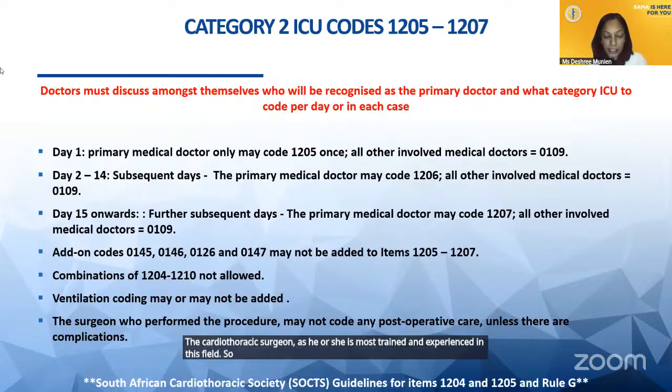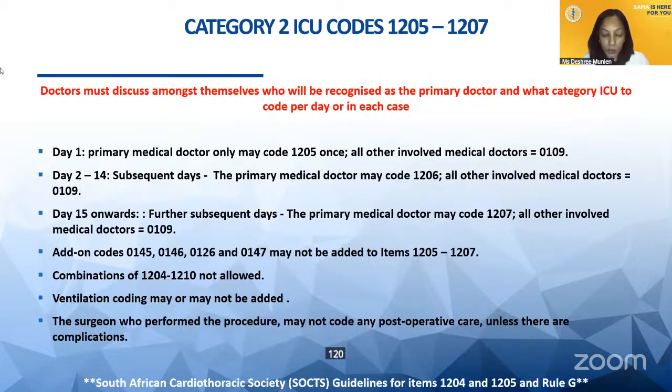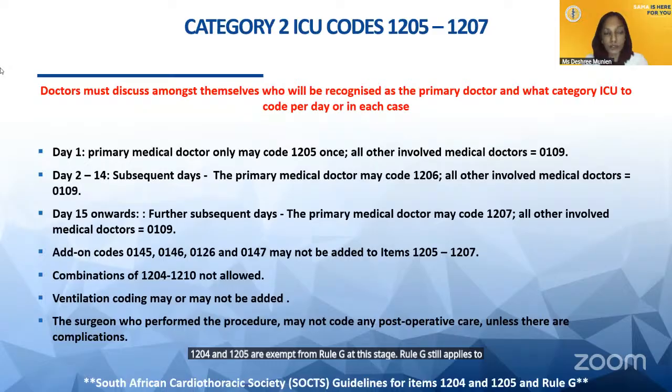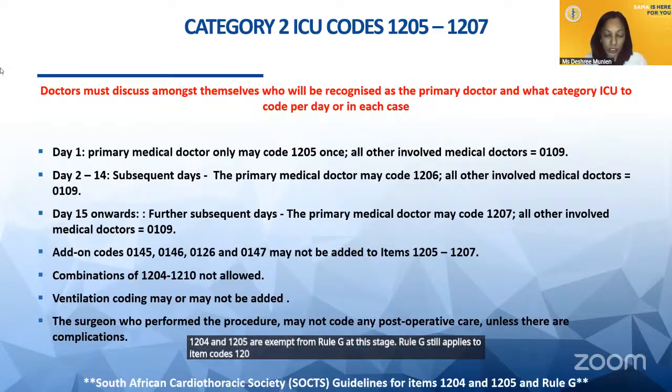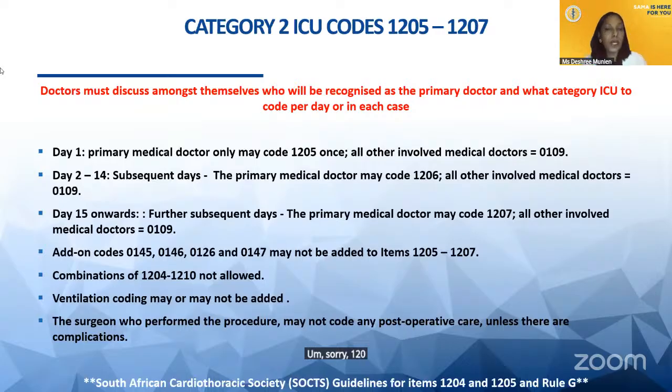So only item codes 1204 and 1205 are exempt from Rule G at this stage. Rule G still applies to item codes 1206 to 1210, and SAMA is also aligned to the society's guideline on this.